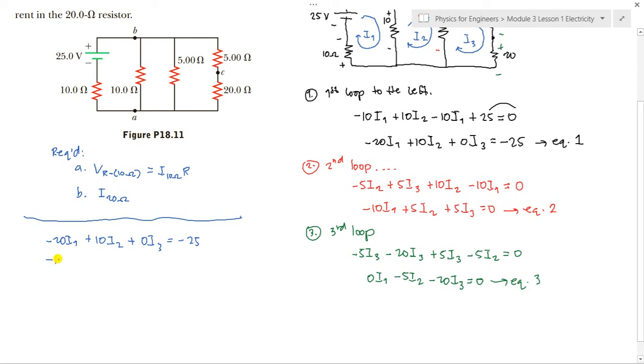Next, negative 10 I1 plus 5 I2 plus 5 I3 is equal to 0. And then last one, 0 I1 minus 5 I2 minus 20 I3 is equal to 0.